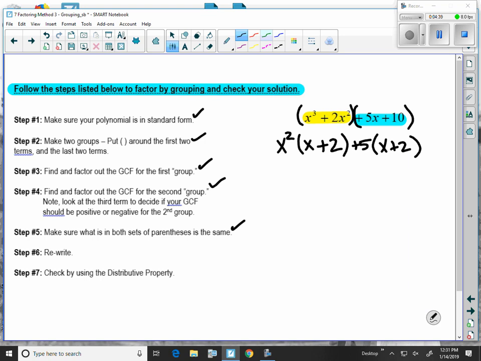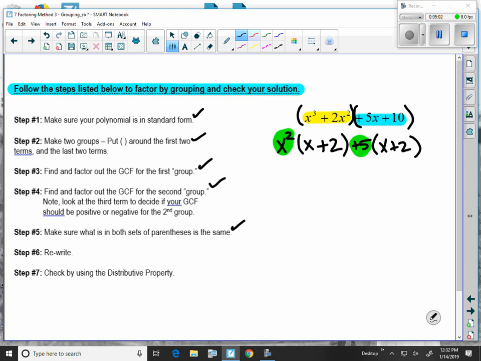It says rewrite. Now, when we rewrite it, here's how I rewrite it. You can do it a little bit differently if you want to. I look at what is on the outside. So here, I have an x squared and a plus 5 that's kind of hanging out outside the parentheses.